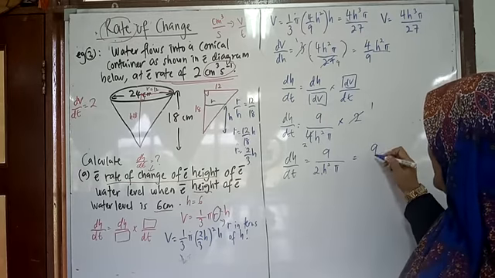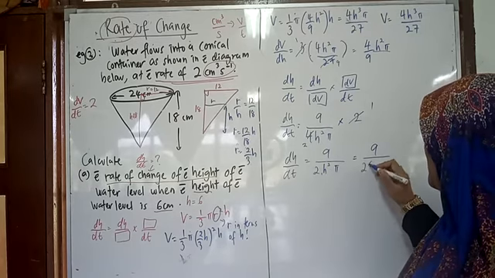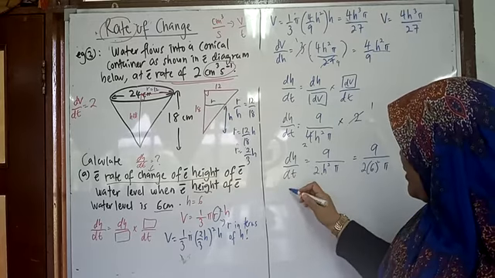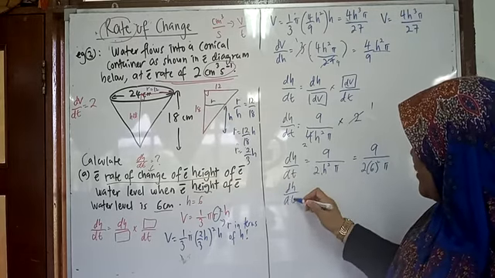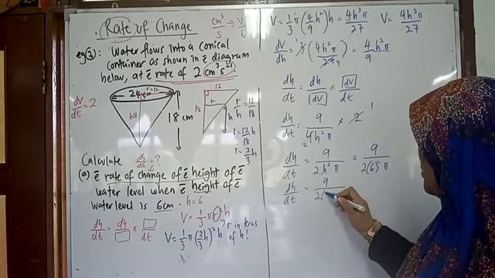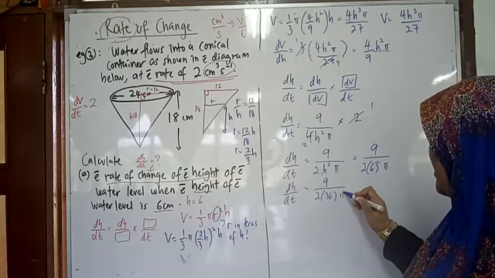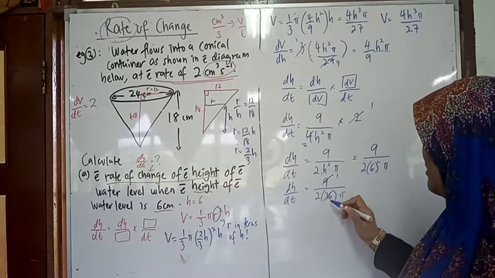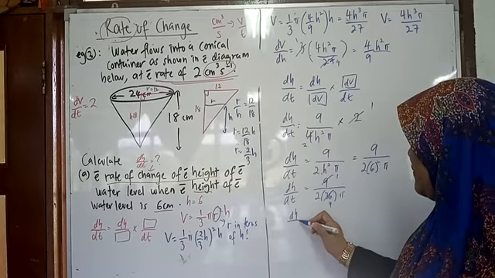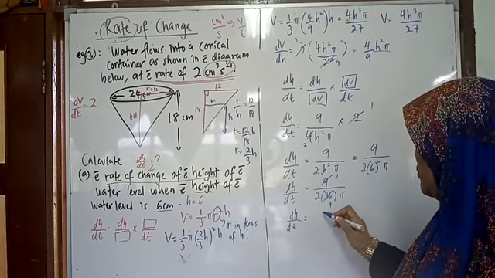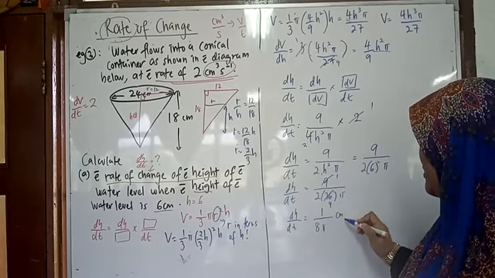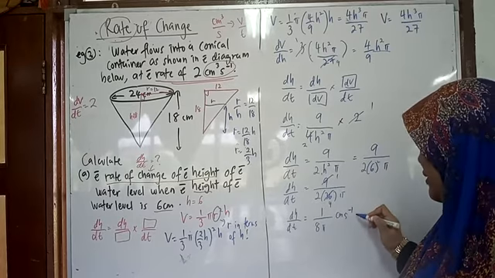So 9 over 2 times 6 squared pi, which is 9 over 2 times 36 pi. This can be cancelled out, so dh/dt is equal to 1 over 8 pi centimeter per second.